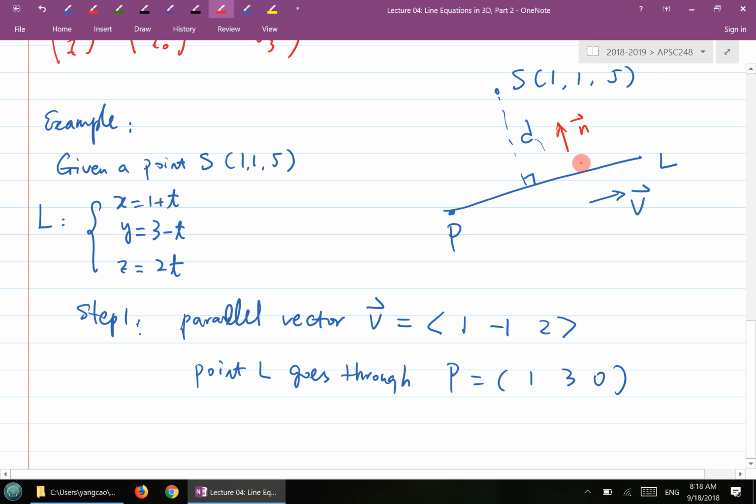Second of all, I need a vector so I can project it onto that direction. This actually seems obvious because I have an S here and a P here. So I could simply create a vector PS, and then project PS onto the direction N over there. That makes sense?